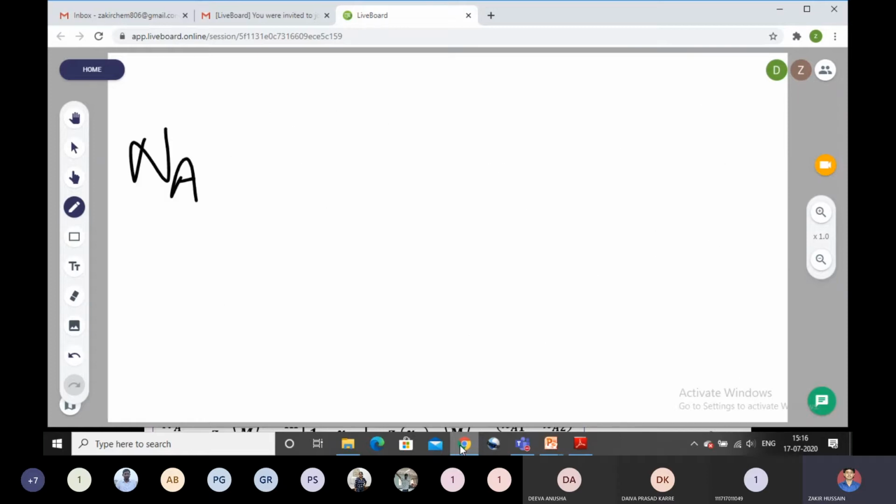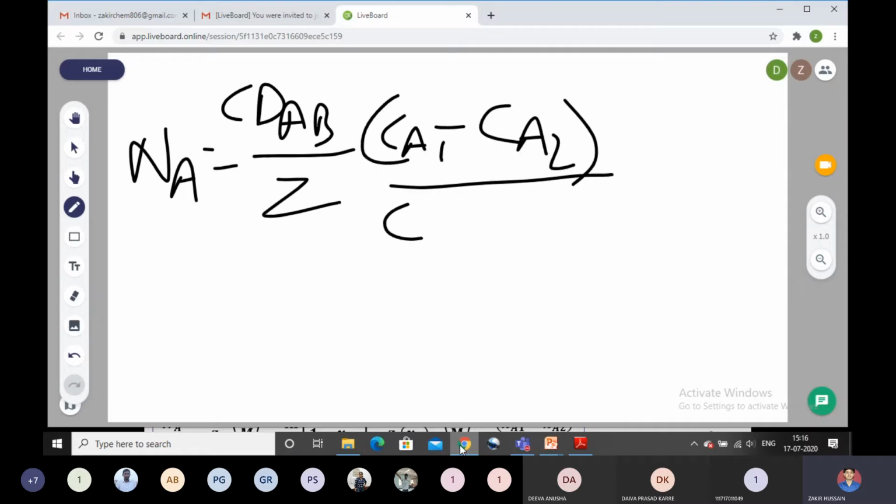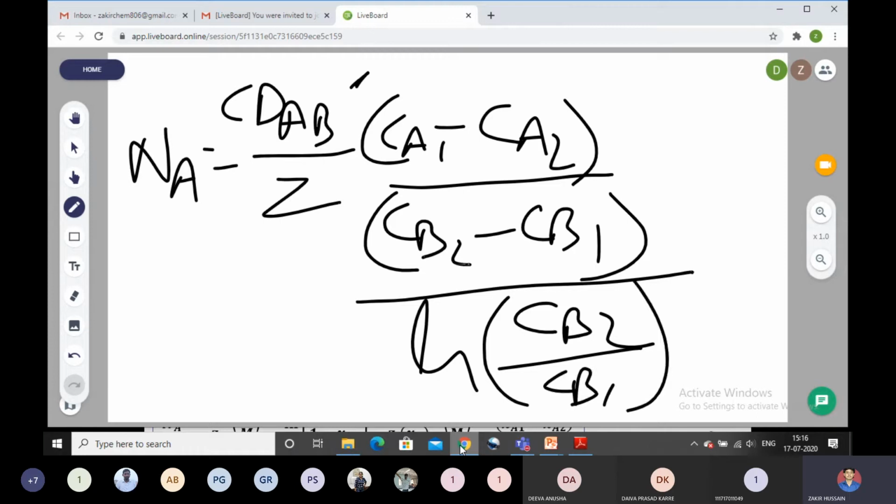NA is equal to C DAB by Z, first variable CA1 minus CA2 divided by CB2 minus CB1 divided by ln CB2 by CB1.